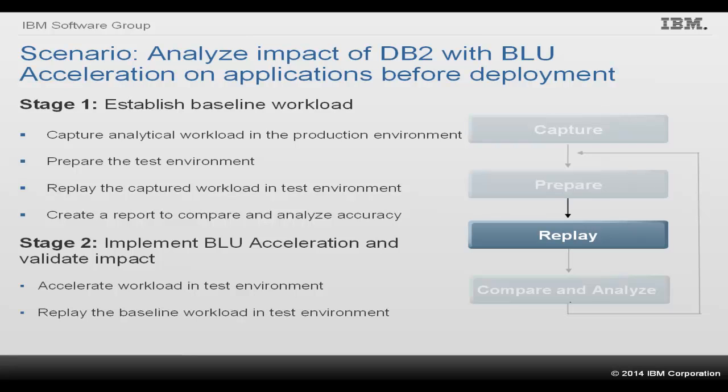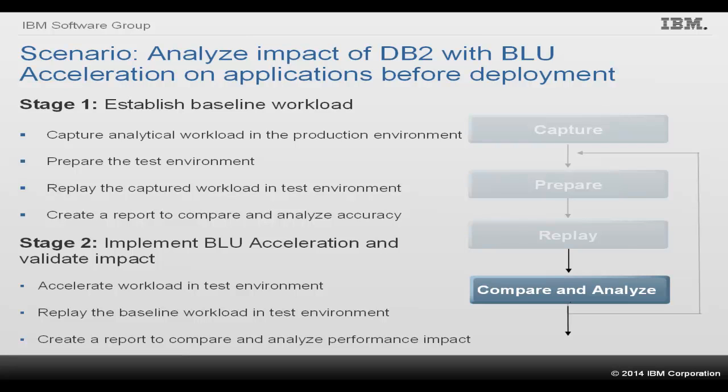Second, she replays the baseline workload in the accelerated test environment. Finally, she creates a report to verify that BLU Acceleration has the desired positive impact on the performance of the SQL statements. Let's see how Shelley can easily use Workload Replay to complete this scenario.